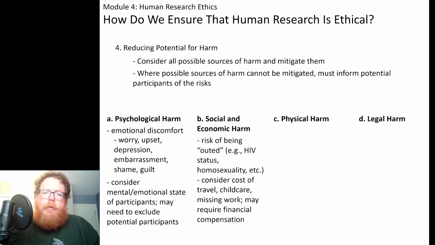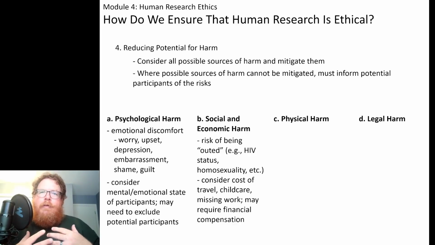For social and economic harm, a couple of things to think about here. One is the risk of being outed, right? One example they give here is HIV status. Let's say you're doing a study where you want to take HIV positive individuals and give them some kind of drug because you want to see if that can minimize the number of HIV viruses that show up in their semen, for example.